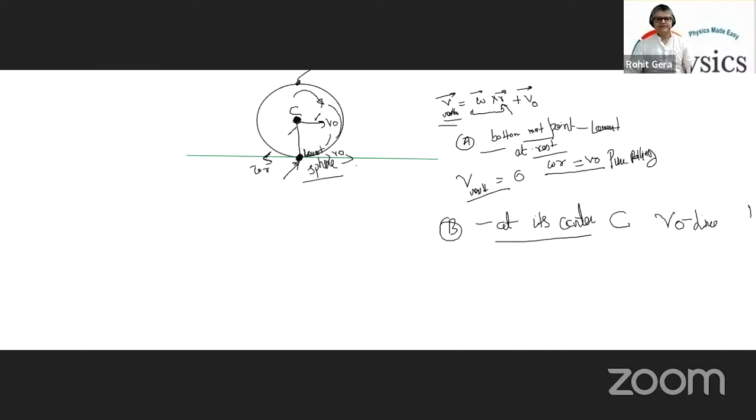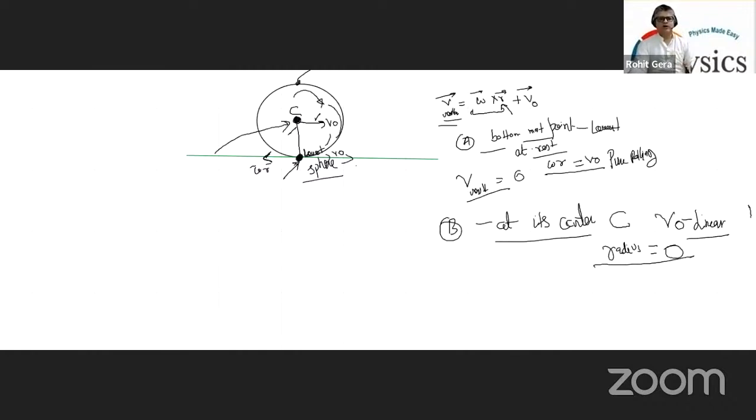Linear velocity exists because of the translatory motion. There is no radius available to you, no distance of the point from the center. So r is equal to 0, and the tangential part becomes 0. So C is moving with a velocity v naught, and it exhibits a pure translational motion. So in pure rolling, the bottommost point is at rest. Another point, because of the combined effect of translation and rotation, is only showing translational motion. It has no rotational part.